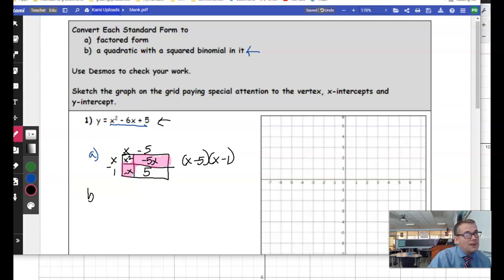Now for part B, we're going to do that whole completing the square thing. So it's another area model, but we know for sure we're supposed to have a square. So the x squared term is going to be a square part. Negative 6x is going to be in our square. And that 5, we're not going to worry about that off the bat, because we really want to focus on these things to make a shape that has to be a square.